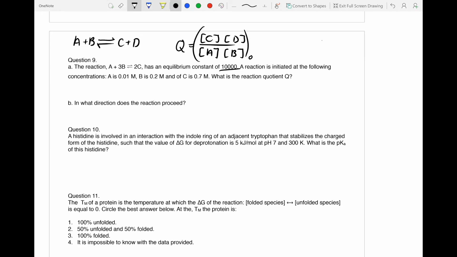And this is all the observed concentration, unlike the value for K, which is all the concentrations at equilibrium.